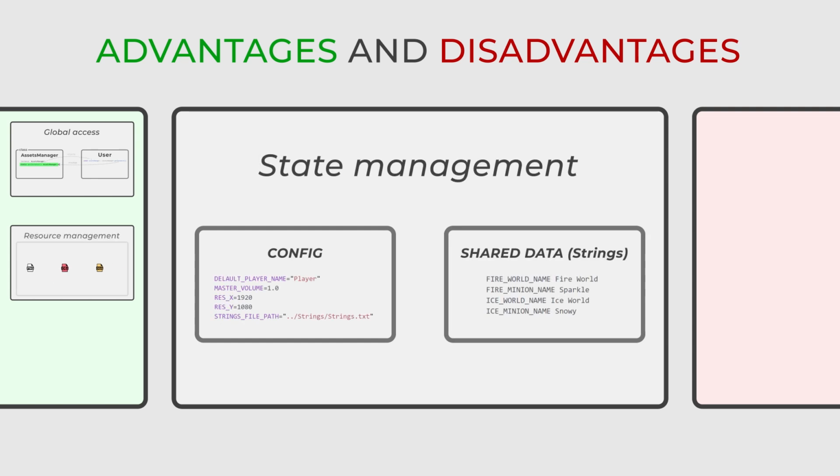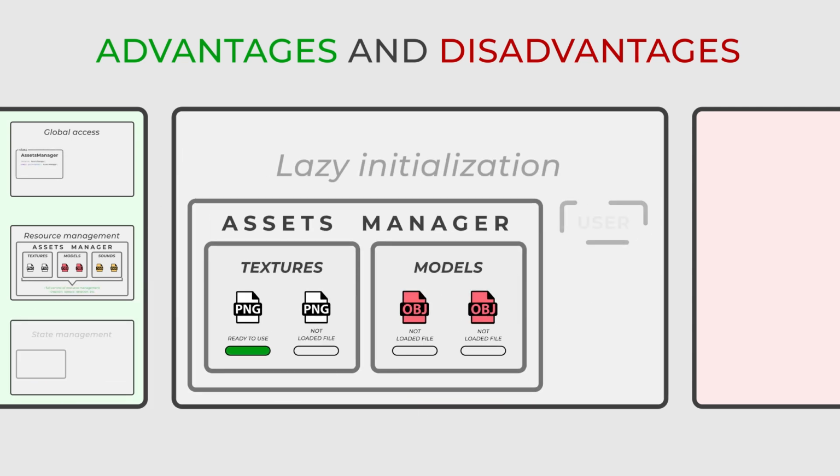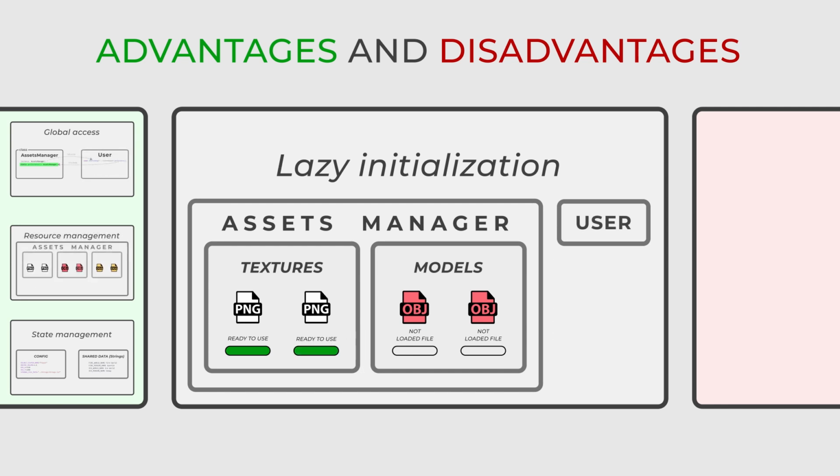Furthermore, a singleton is capable of maintaining a unique state within an application, which is particularly useful for storing configuration settings or shared data that need to be accessed by various components. Additionally, the singleton pattern can support lazy initialization, meaning that the resources can be loaded on demand. This improves performance by deferring the load of the resources until it is needed.